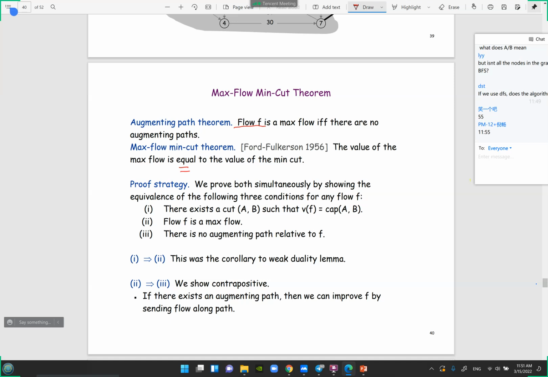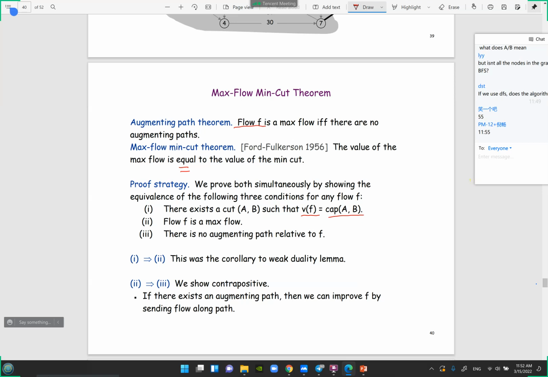And the way we're going to do this is that we're going to show these three conditions simultaneously. The first condition is that suppose you have a cut (A, B) and another flow F, and suppose the size of the flow equals the capacity of (A, B). The second condition is that the flow F is a max flow. And the third condition is that there is no augmenting path starting from this flow.